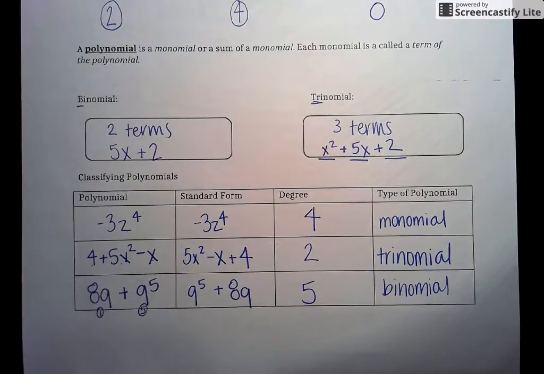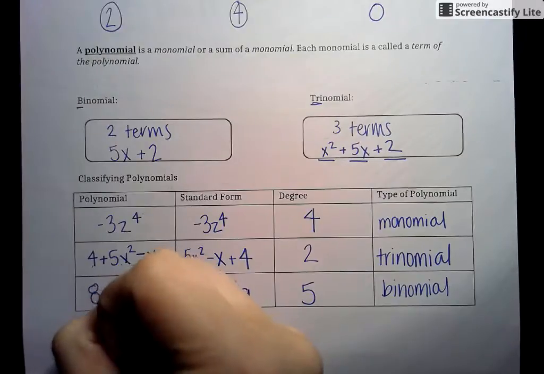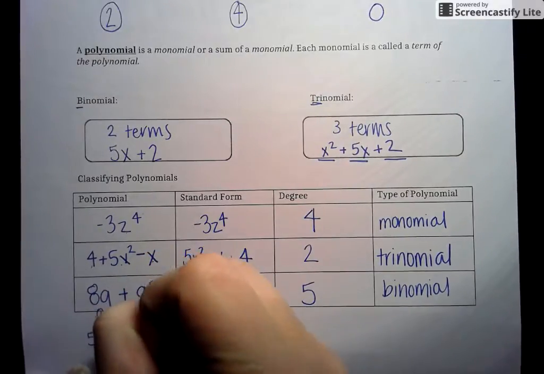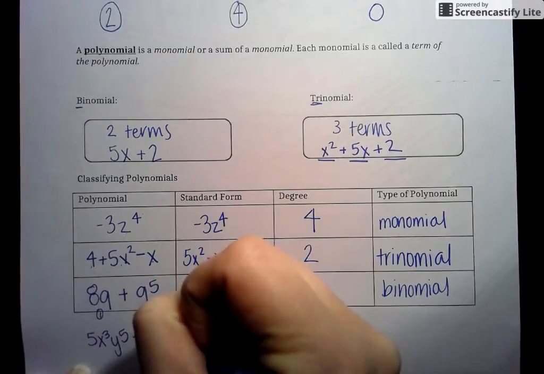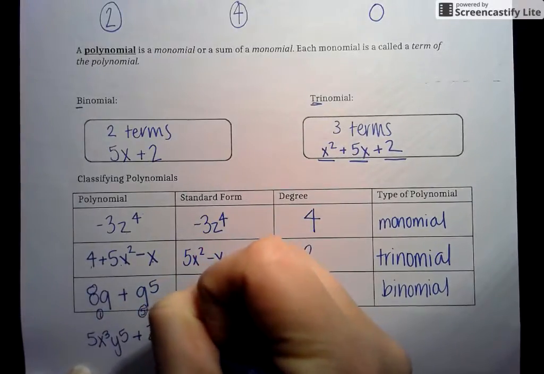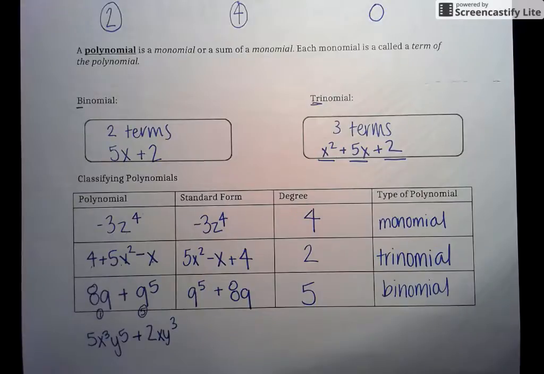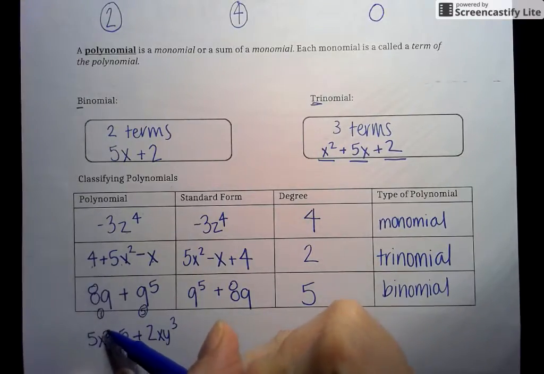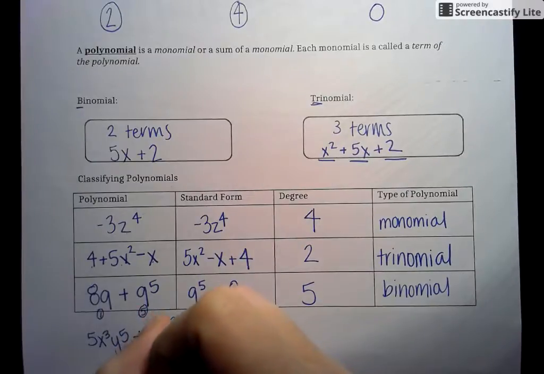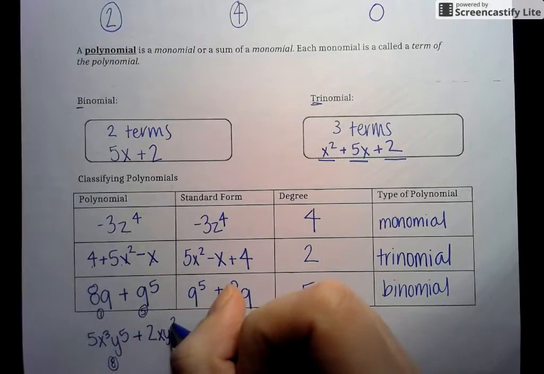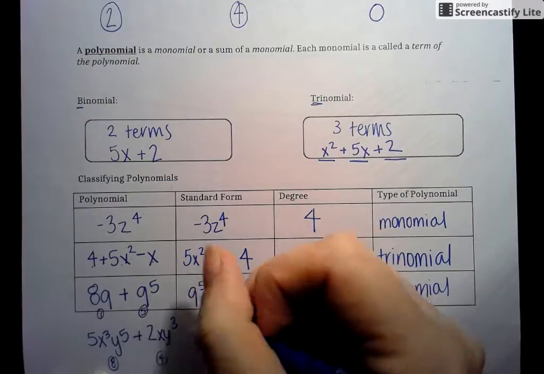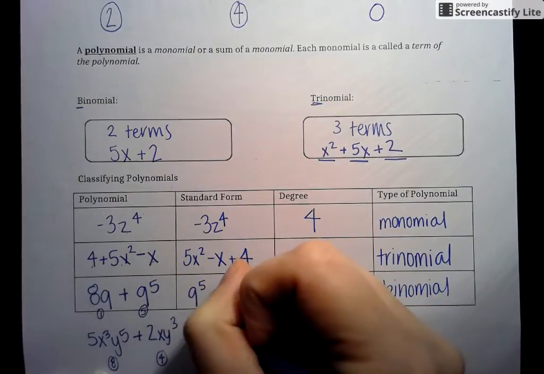Do one more example. So let's say I had 5x to the 3rd power, y to the 5th, plus 2x y to the 3rd. Now I have to think about, I have to add, so I have 3 and 5, so I'd have a degree of 8 here, and I have 1 and 3, so I would have a degree of 4. So in this case, it would be in standard form, so I could just rewrite it.